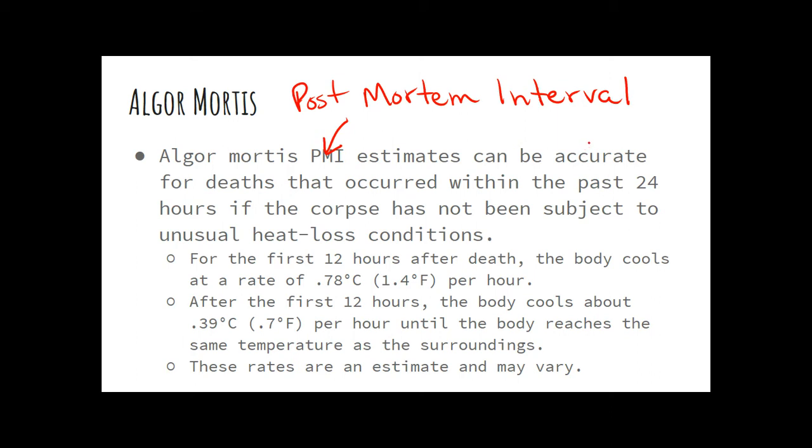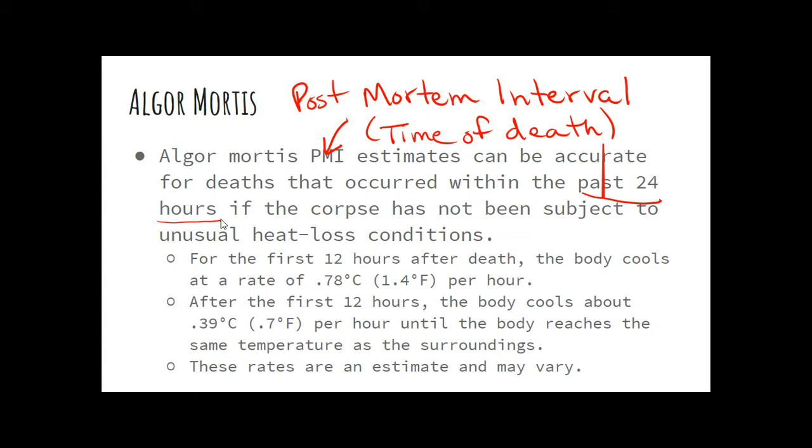Like we're trying to figure out how long ago that person died. So algor mortis can help us determine the time of death very accurately if it has occurred in the past 24 hours.